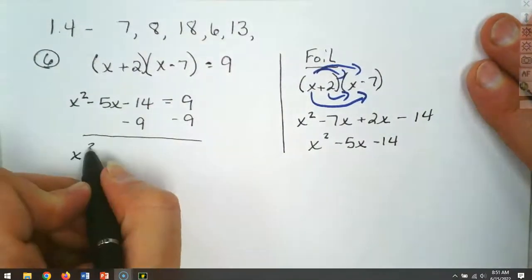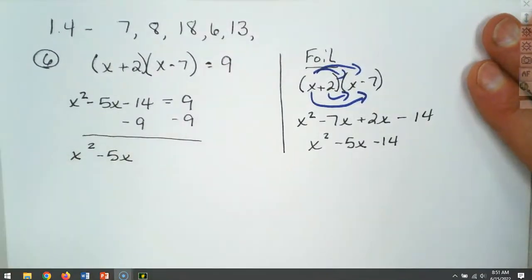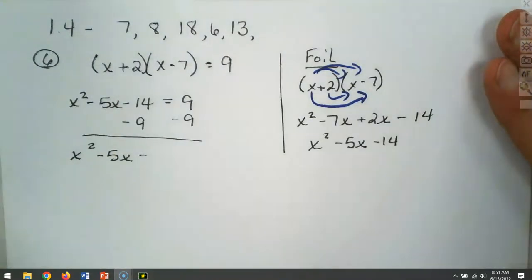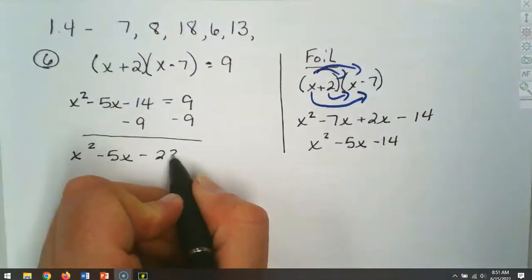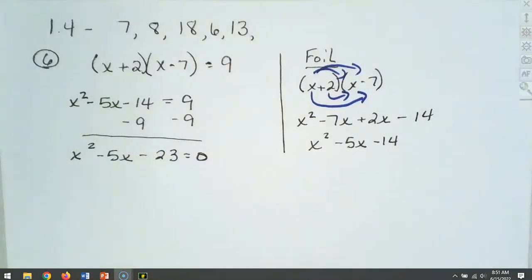So now we have x squared, we have a minus 5x, and we have a minus 14 minus 9. That makes it then a minus 23, doesn't it? Always double check if ever in doubt. You do not want to make a mistake because you added incorrectly. So that's going to give us our minus 23 there.